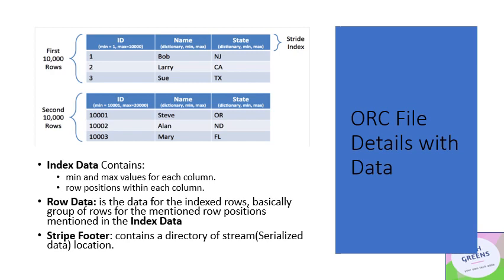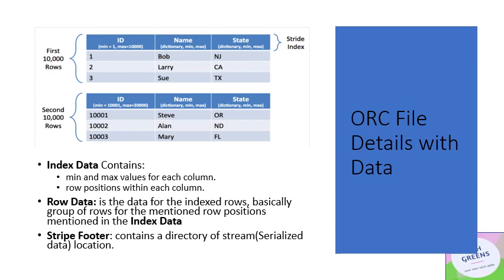As you have seen in the previous slide, one particular stripe carries three elements: index data, row data, and the stripe footer, right? So if you can see in the table picture which I've shown here, for the ID, the index data is min value 1, max value 10,000. Similarly, the row data is 1 for ID, name is Bob, and state is NJ. So like this, there are three rows.